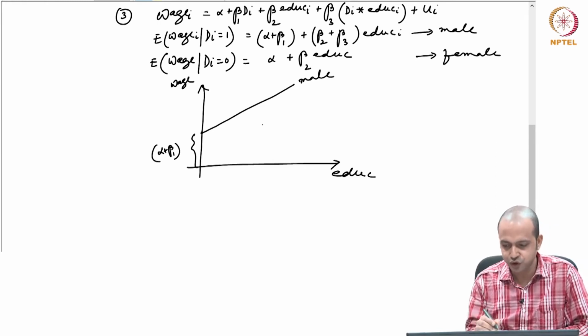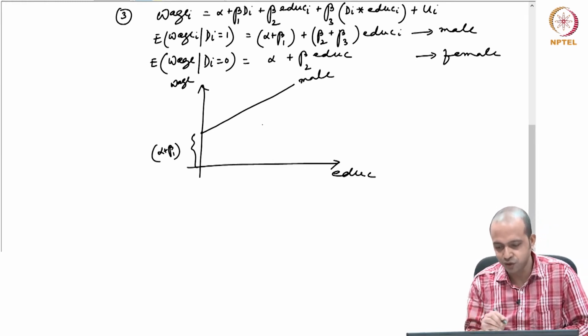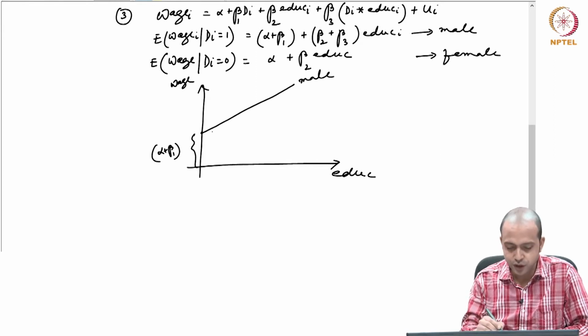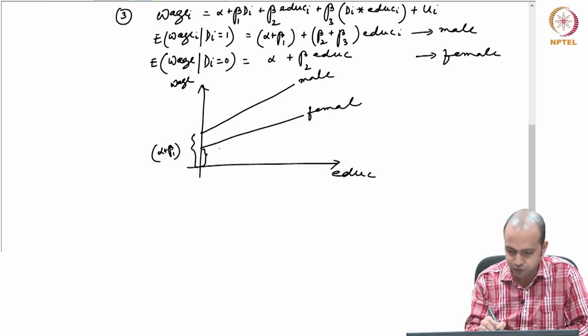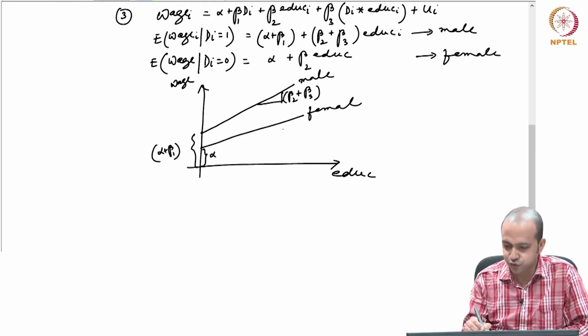Assuming alpha, beta 2, beta 3, all the coefficients are positive, this would become like this. This is female. So, this intercept is only alpha, and the slope for the male is beta 2 plus beta 3, while the slope for the female is only beta 2.